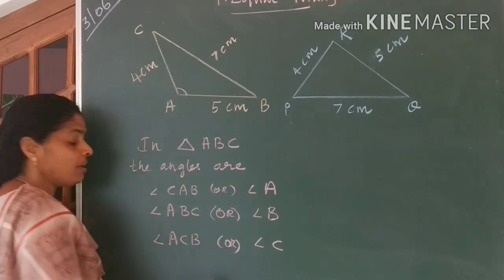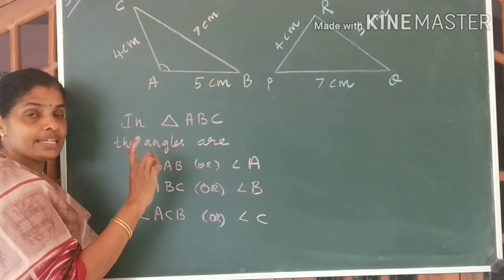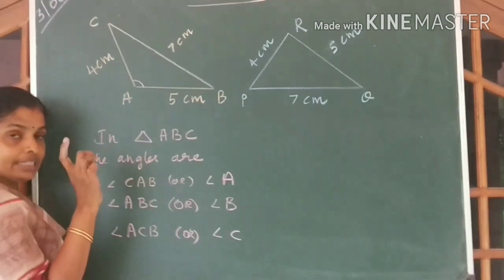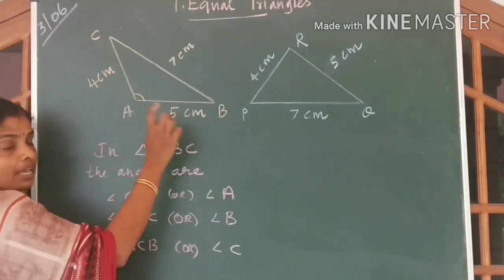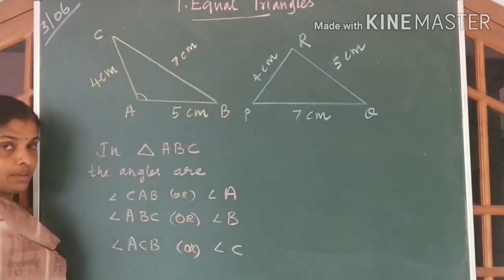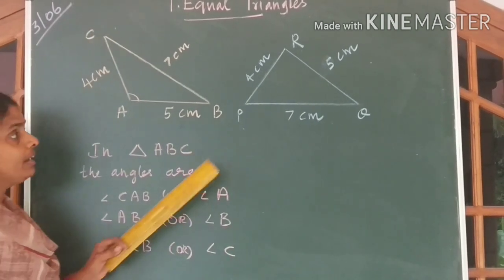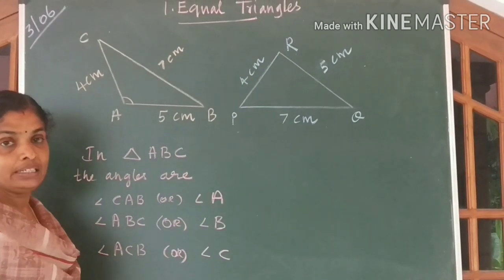Which are the sides of the triangle? The sides are AB, AC and BC. Clear? Come to this triangle.